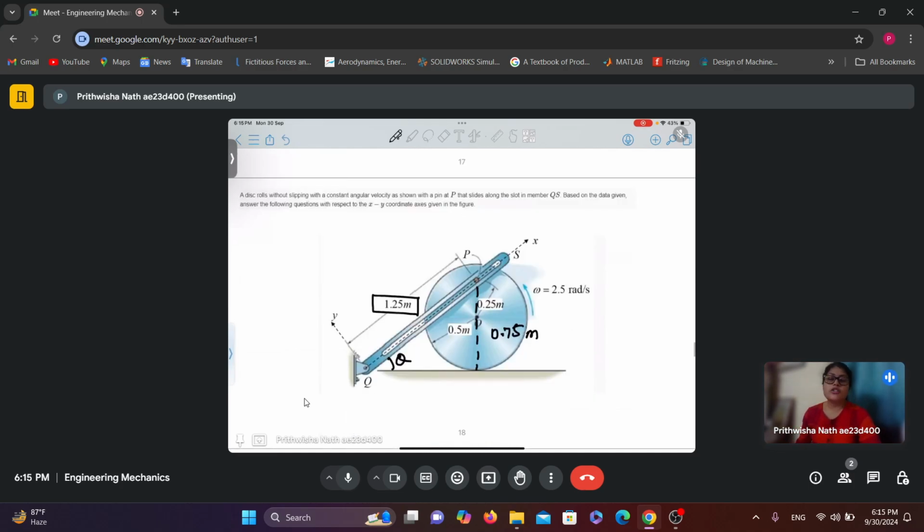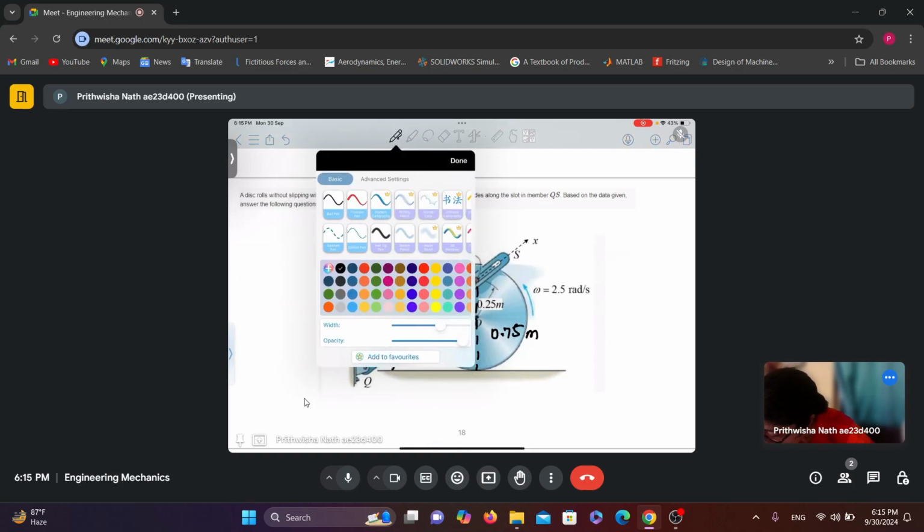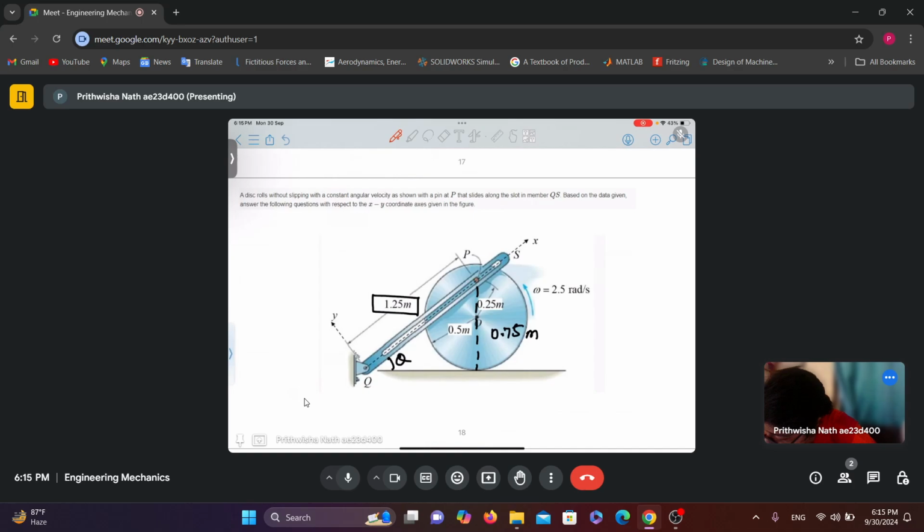So they have already mentioned the xy coordinate and the distance PQ is 1.25, and from the given figure I can say that this total distance is 0.75, right? This distance is 0.75.